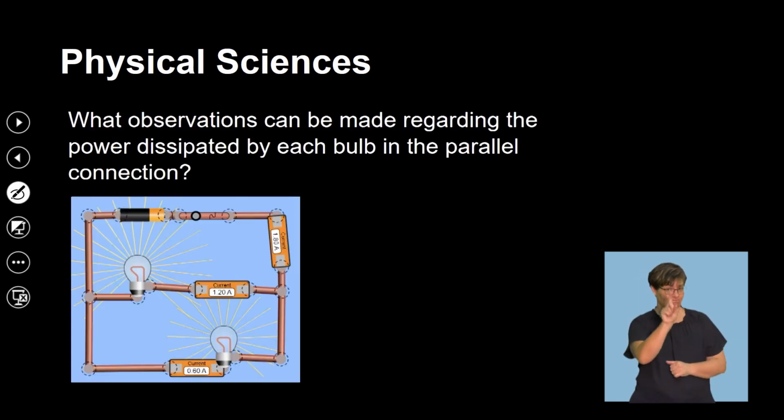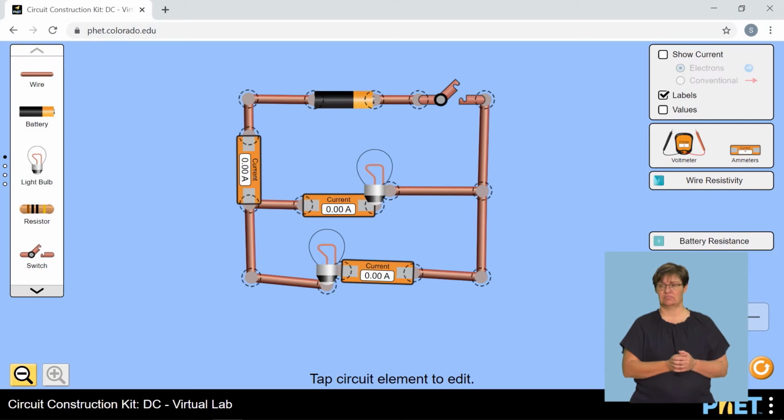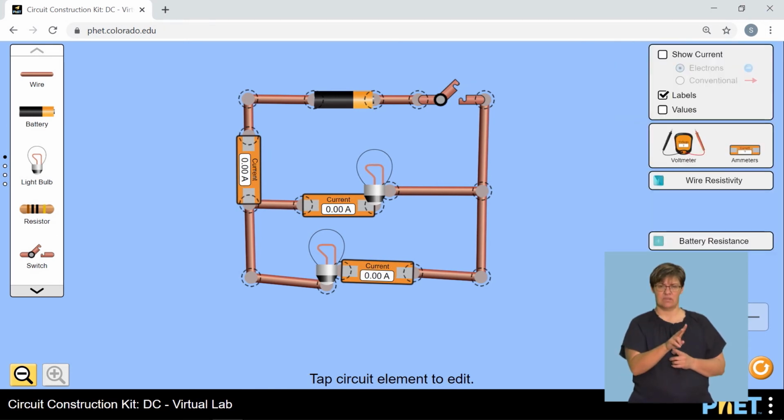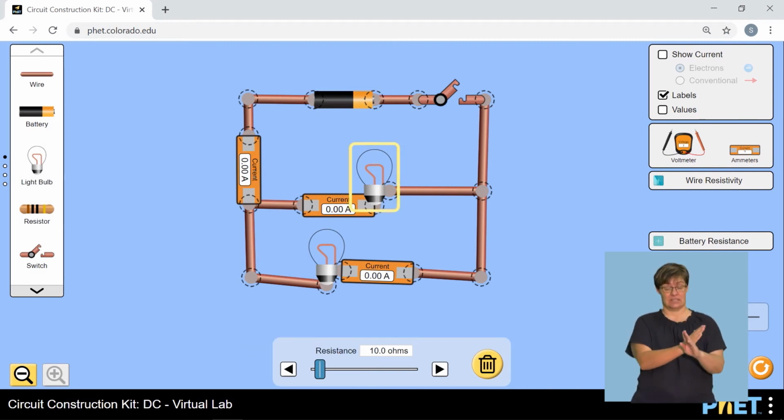Now let's go to our simulation very quickly and look at what exactly that is all about. We have our battery, which has 12 volts. We've confirmed it's 12 volts. The resistance for R1 is 10 ohms.